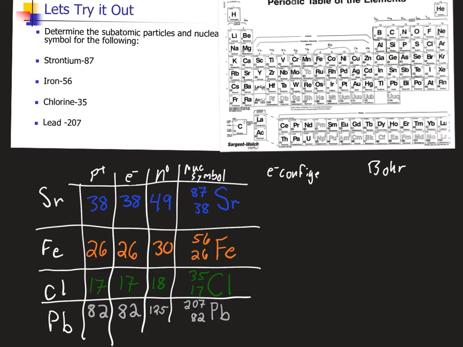All right, so let's go back and let's look at the electron configurations for these. I'm going to use atomic notation for that. And so for strontium, let us go with the noble gas configuration, meaning the previous noble gas to strontium is krypton.